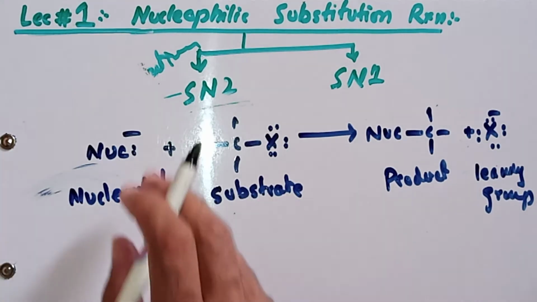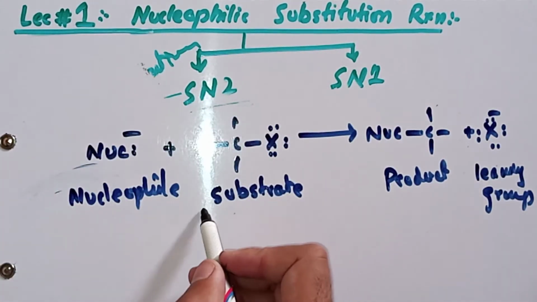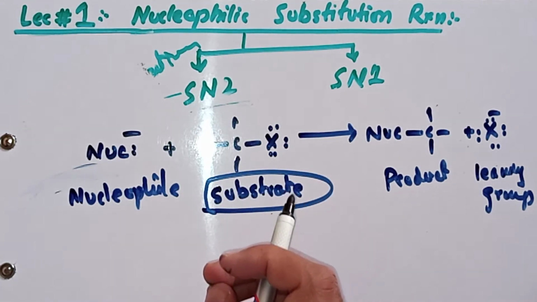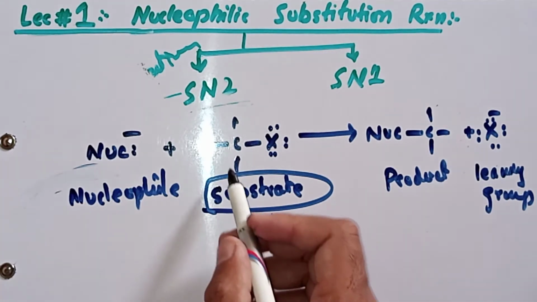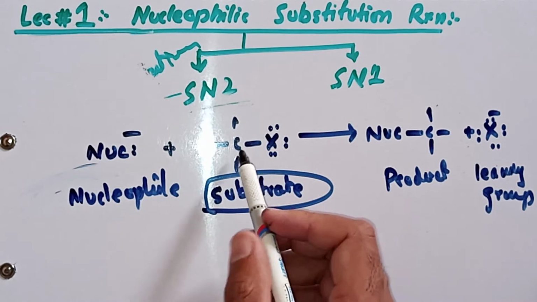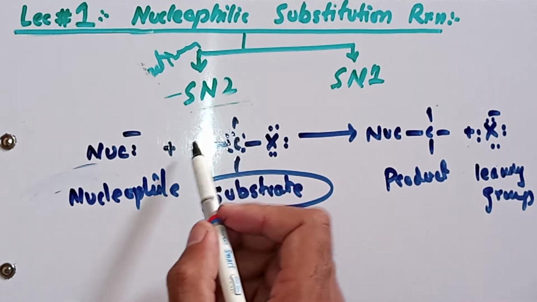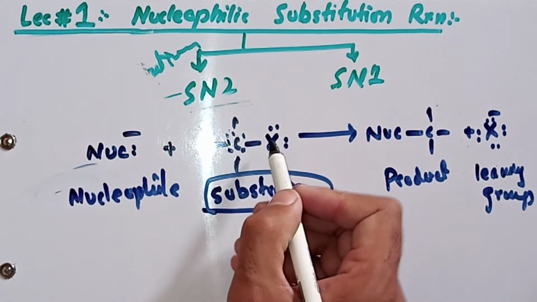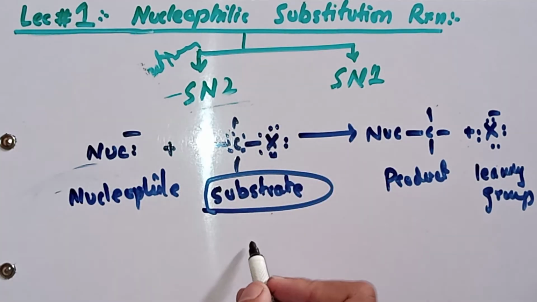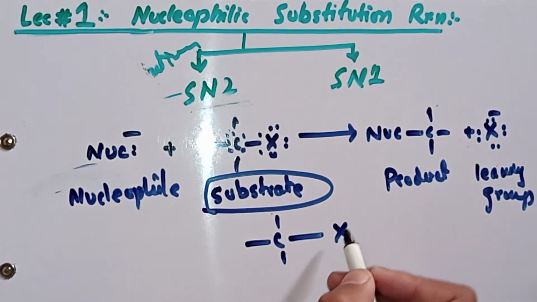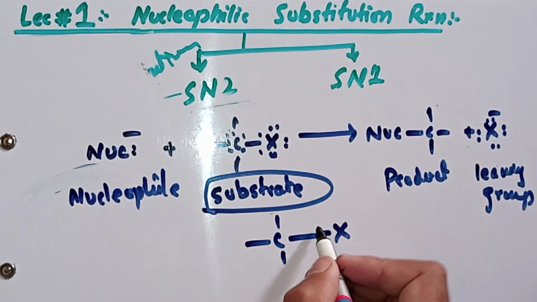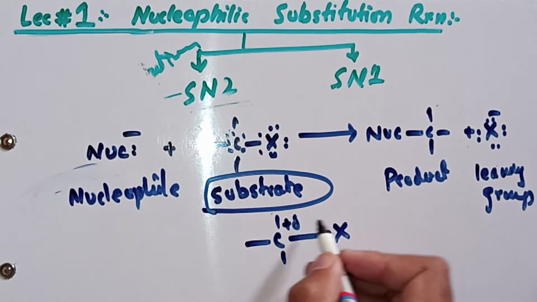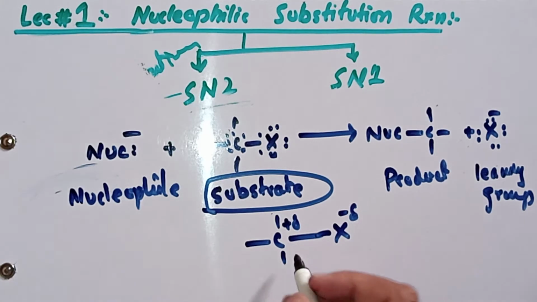So this is the general form of nucleophilic substitution reaction, in which the substrate is the compound that has an electrophile present. This carbon acts as the electrophile because the nucleophile attacks on this carbon. Also, a strong halogen group is attached here. This halogen, which is a highly electronegative element, withdraws electrons from the carbon, so the carbon gets a partial positive charge and the halide gets a partial negative charge.